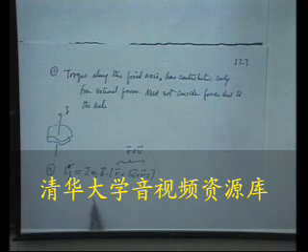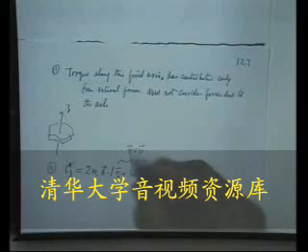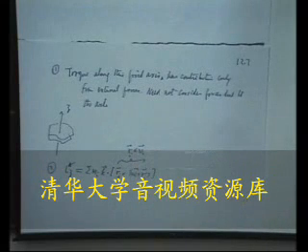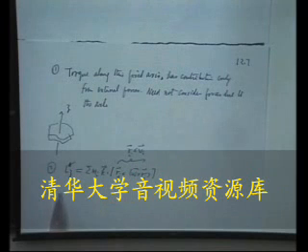Definition of angular momentum is summation of m times r cross v. But the r cross v is equal to this. And we want the z component, so it's this.